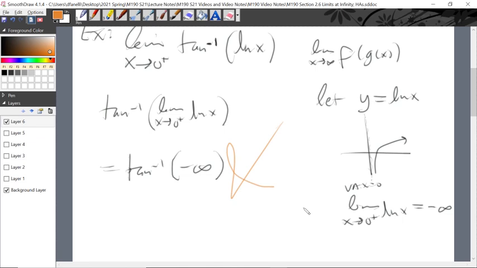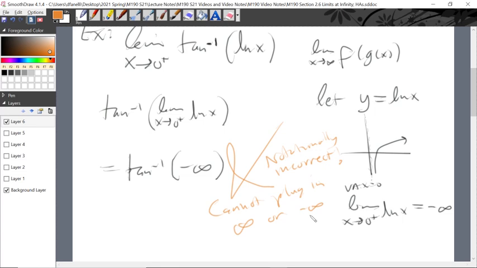That is wrong, because you can't plug in negative infinity, right? So this is notationally incorrect. We cannot plug in infinity or negative infinity.